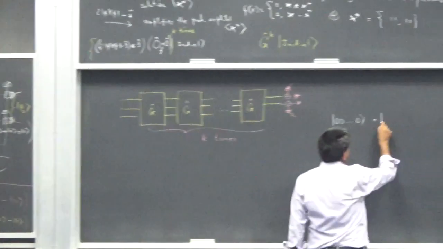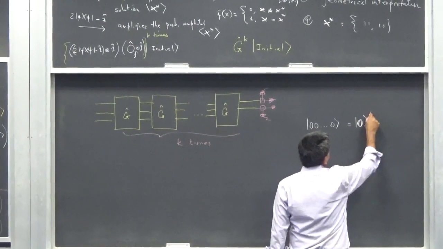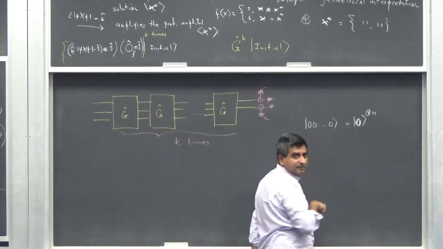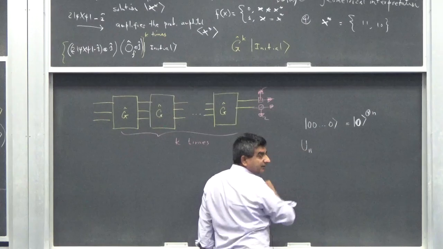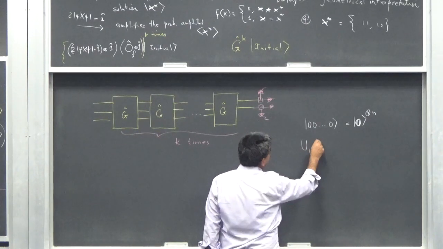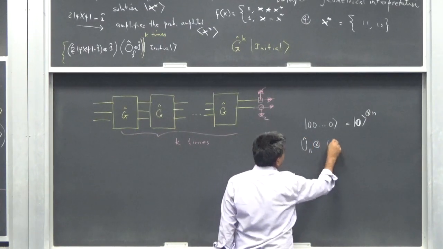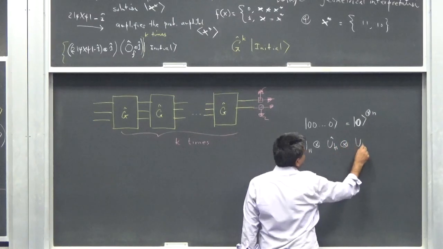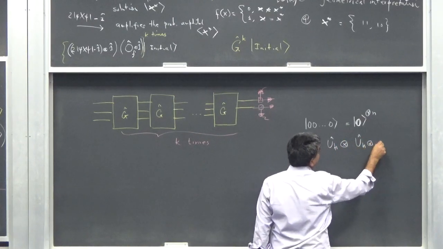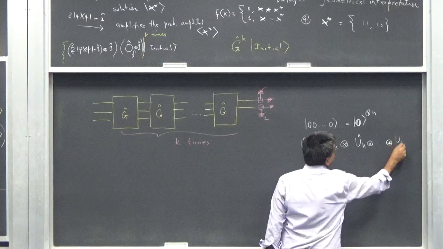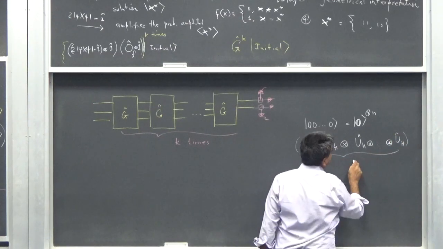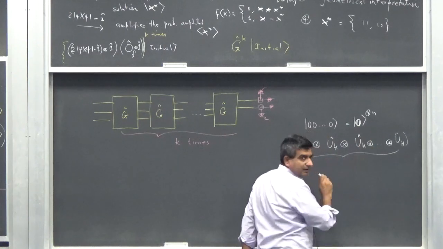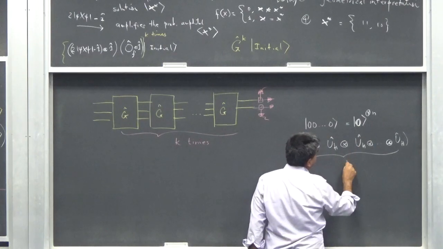You can write this in many different forms, right? And then what you would like to do is a Hadamard gate times a Hadamard gate, n times. N times.